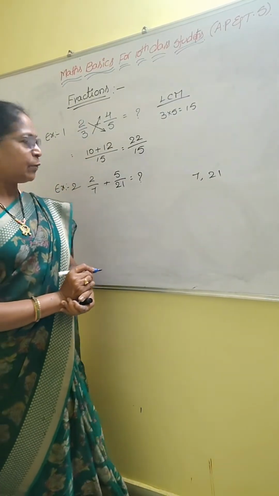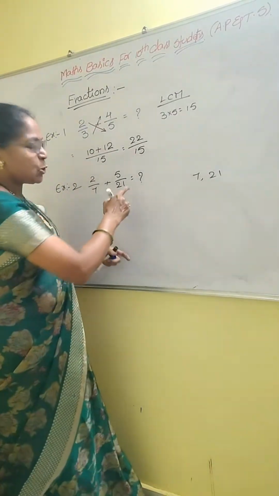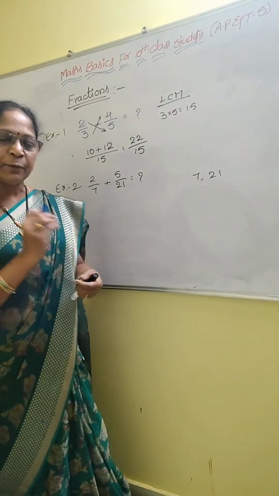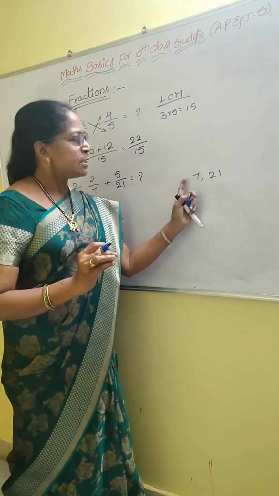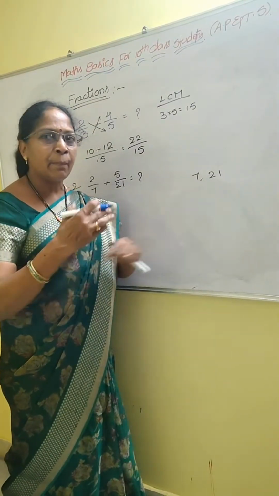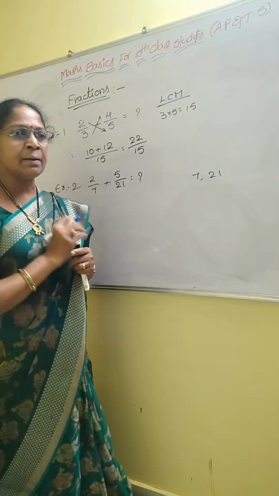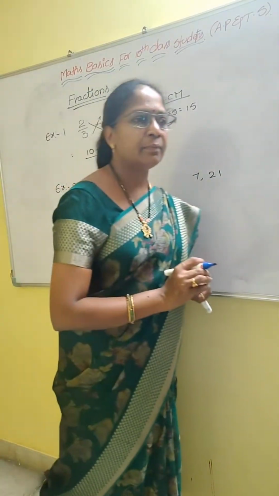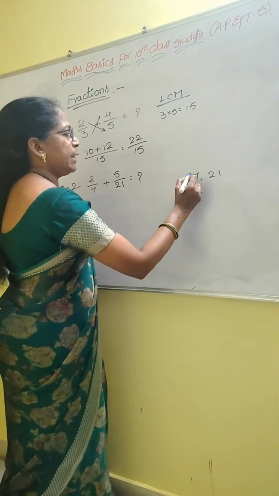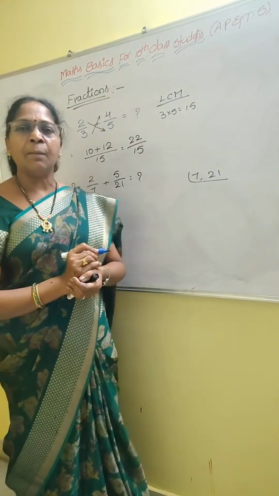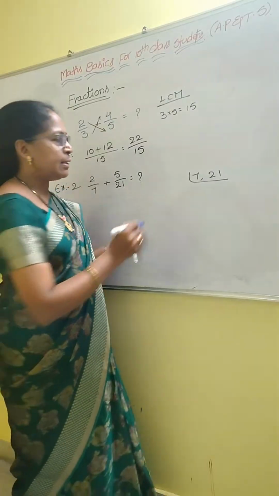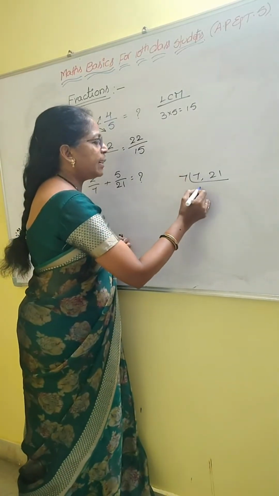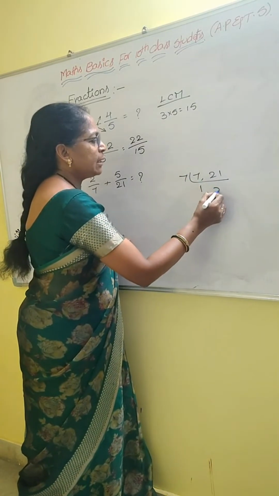In these two numbers, there is no need to multiply to get the LCM value. You have to find the LCM by using the division method. In both the numbers, which number is divisible? 7 is. 7 divides 7 one time, and 21 three times.